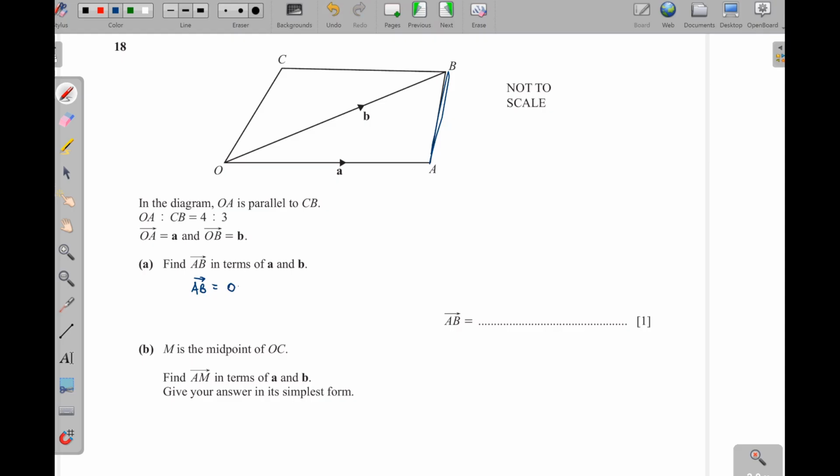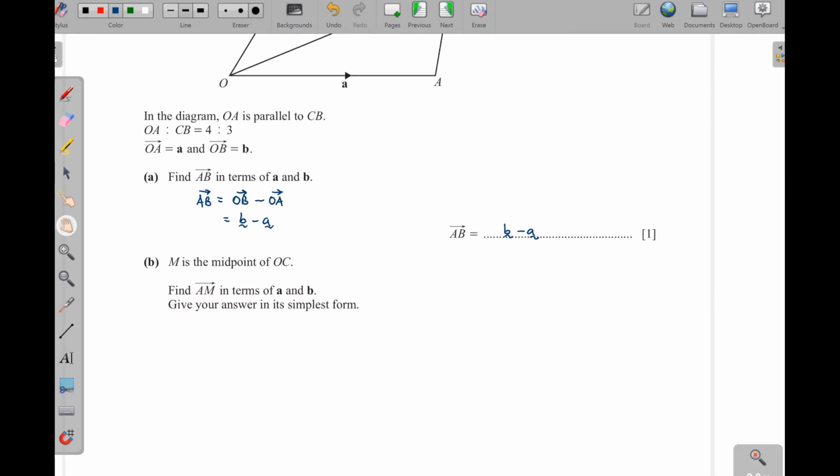So that is OB, because it remains positive as you are moving here, like that, then minus OA. We are subtracting OA because we are moving in the negative direction of what? Of the OA. As simple as that. Okay, so our OB is a B, our OA is an A, so we shall put B minus A.